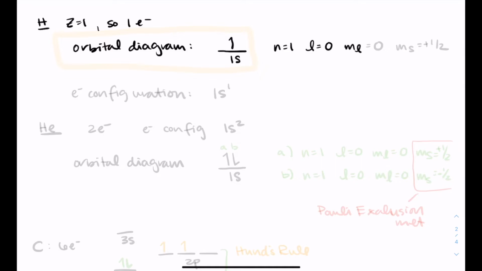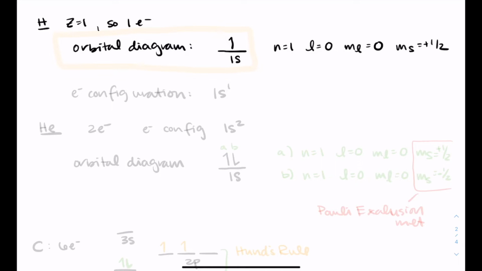Now, if I wanted to assign quantum numbers to this electron, it's in a 1s orbital, so n is 1, L is 0. There's only one orbital in the set of s orbitals, so the m sub L is also 0. And then I have drawn an up arrow, so my spin quantum number is plus 1/2.